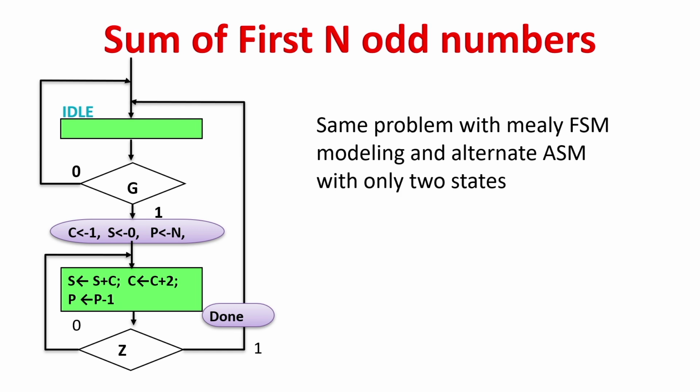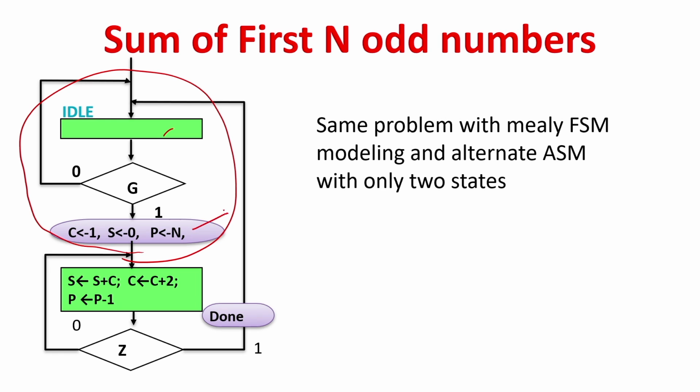In this case also this is the idle state, and whenever g is equal to 1 we are doing initializations. In the Moore FSM, whenever g is equal to 1 it goes to another state and in that state it does the initializations. But in this case, in the idle state, if g is equal to 1 it will do the actions.